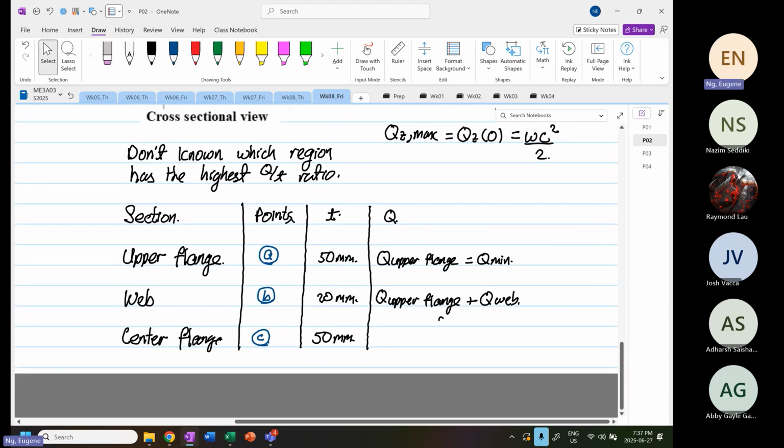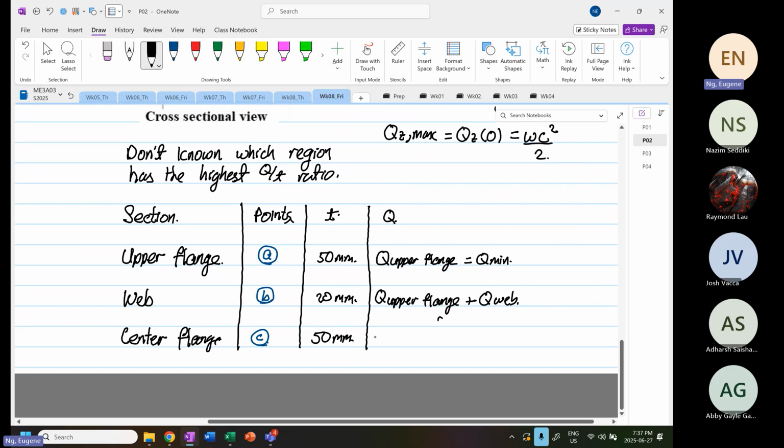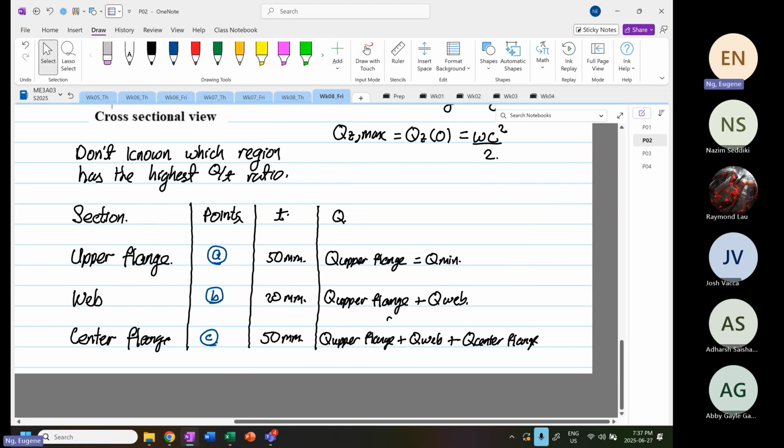And at the last one, we have to consider the Q of the upper flange plus the Q of the web plus the Q of the center flange. So over here, this will be our Q max.